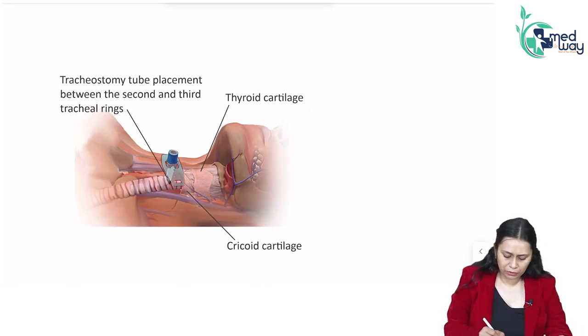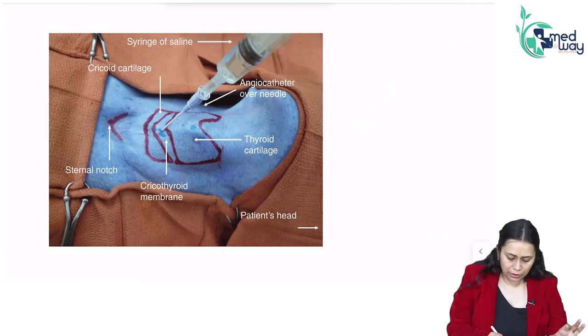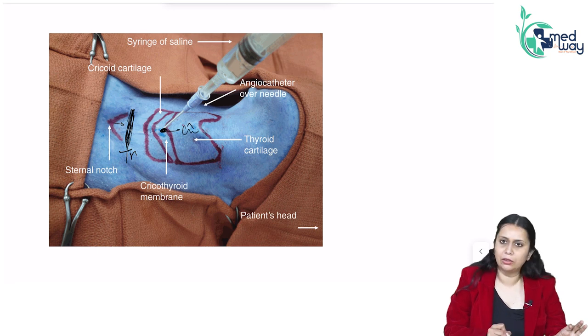For tracheostomy, we have to insert the tube between the second and third tracheal ring. If I compare with cricothyroidotomy, we are putting the needle in between thyroid and cricoid. This is the cricothyroid membrane high up in the neck. For tracheostomy, it is just 1 or 2 centimeters above the sternal notch, so low in the neck here. This is the point for tracheostomy, and this is the point for cricothyroidotomy.